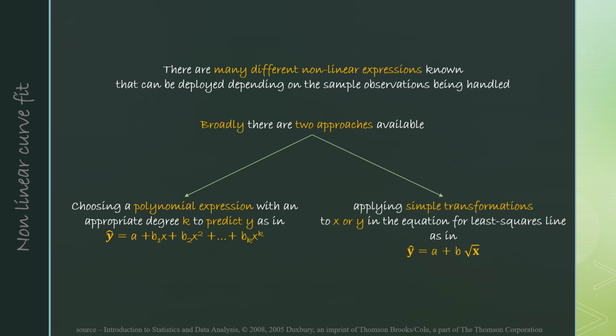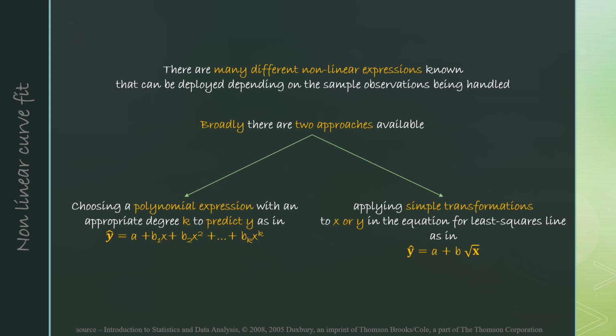And the second one is by applying simple transformations to x or y in the equation for the least squares line. For example, as in y hat equals a plus b multiplied by square root of x, where square root of x is the function used to transform x before the least square line is arrived between transformed x and y. Let's understand them in detail.